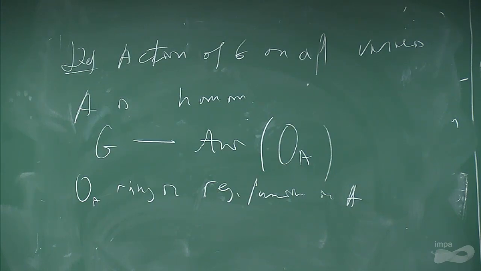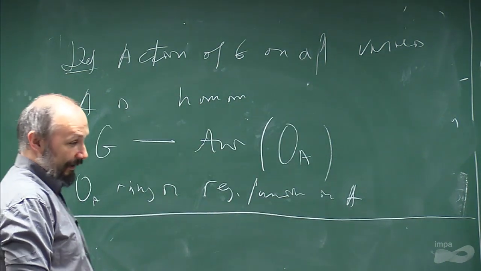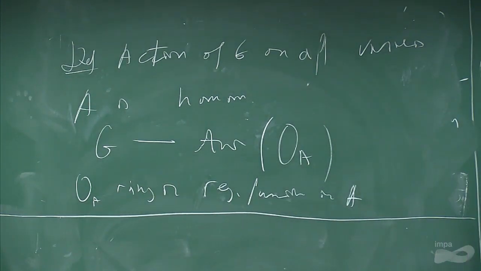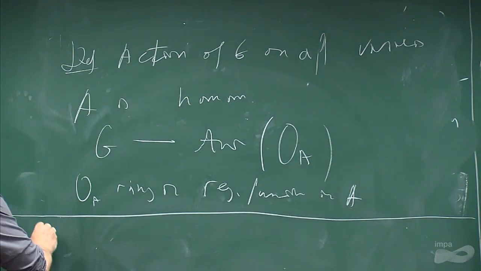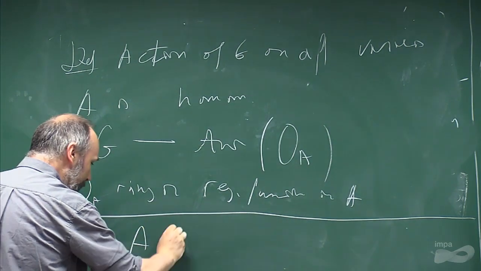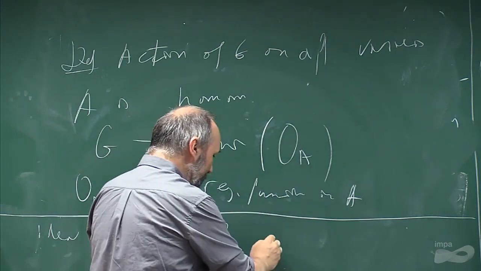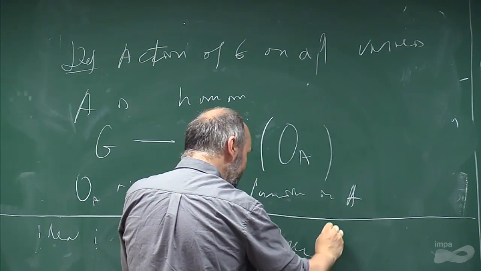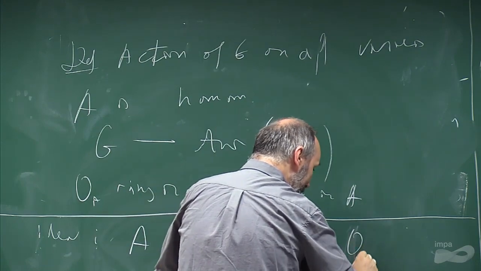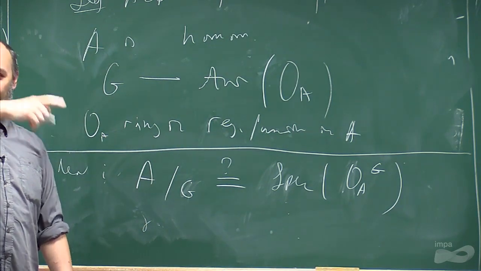And then we want to define the quotient space. We can do that by using the Nullstellensatz. By the idea, the quotient of A by G should be equal to the spectrum, the variety corresponding to the ring O(A)^G of invariants. This is something we did for C^2 quotient by plus-minus 1.